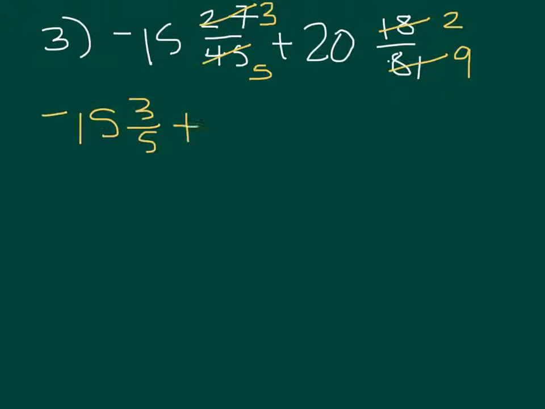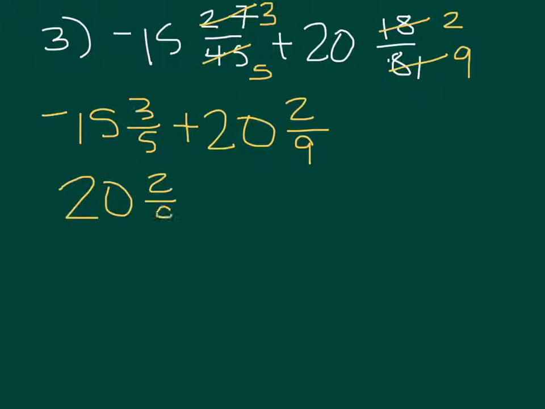I'm going to rewrite it. And as you can see, we can't subtract a big number from a small one. So I need to put the biggest first and the smallest after.